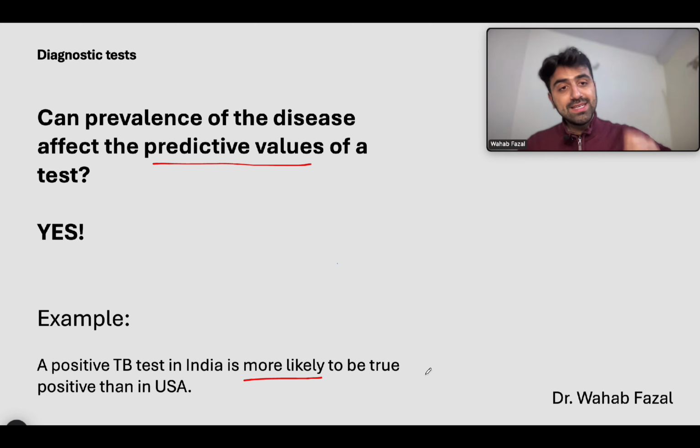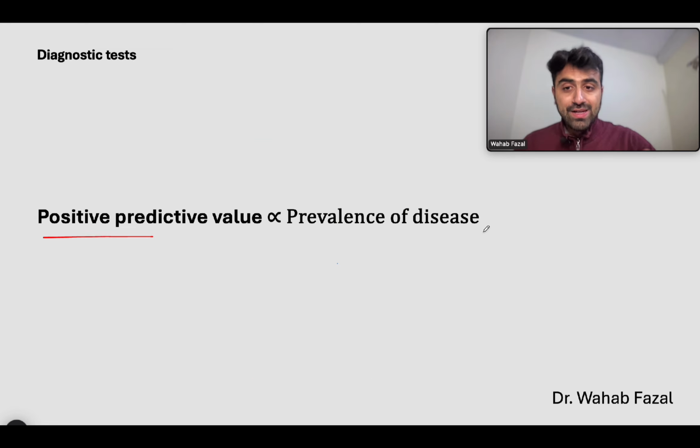The prevalence of the disease in the population can affect the predictive values of a test, but not the sensitivity or the specificity. So remember, the positive predictive value is directly proportional to the prevalence of the disease. What does this mean? That means if you have a population with a very prevalent disease, for example, in India and Pakistan, where tuberculosis is prevalent, the positive predictive value of TB tests in these countries is very, very high.